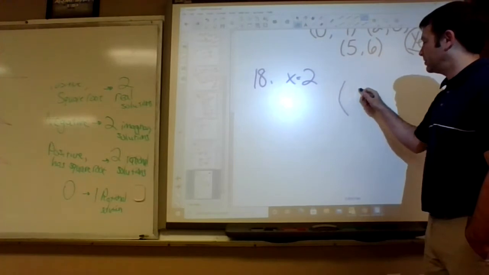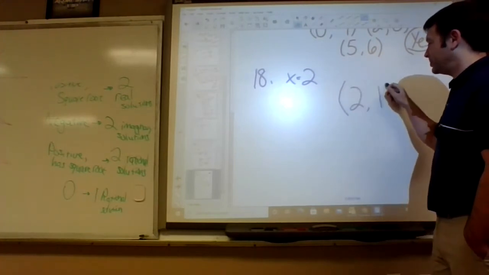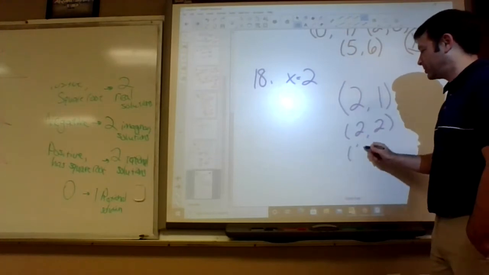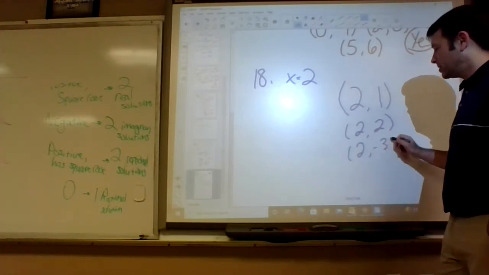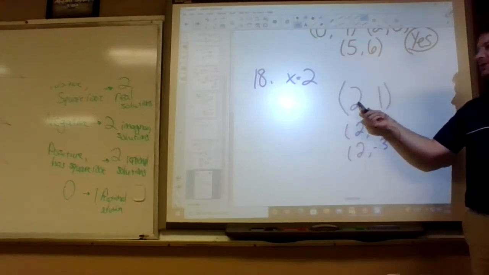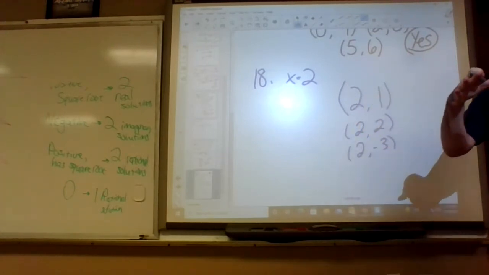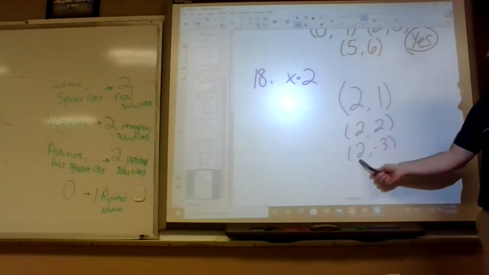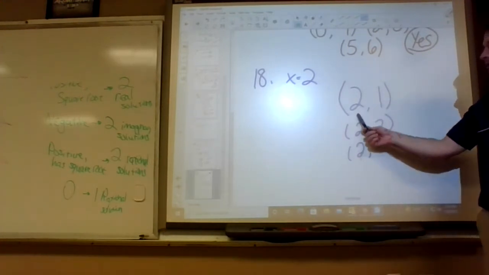So x could be 2 and y could be 1, x could be 2 and y could be 2, x could be 2 and y could be negative, whatever. It's kind of like number 10, but the opposite. On 10 they said y equals something and they all have the same y value. This one says x equals something, and it has all the same x values.